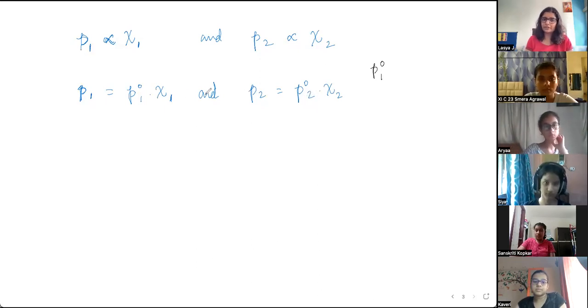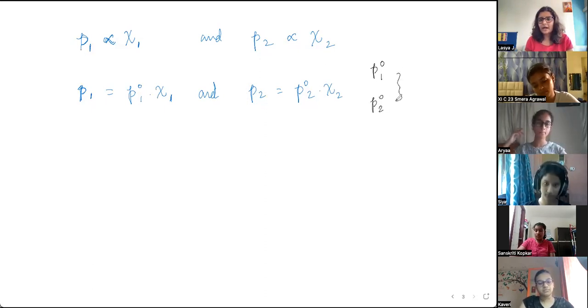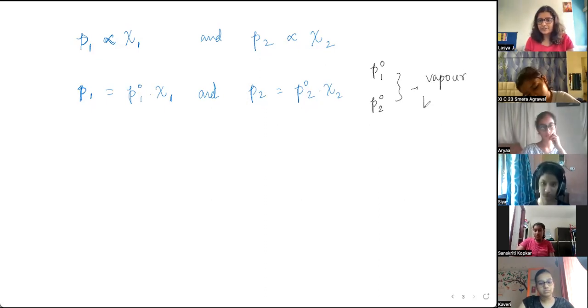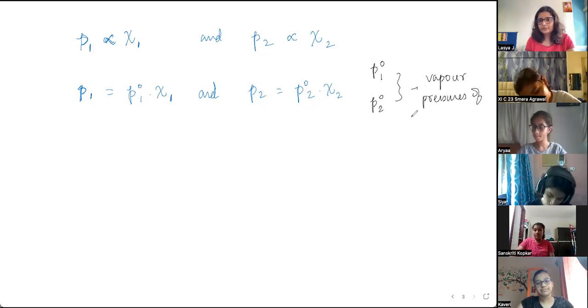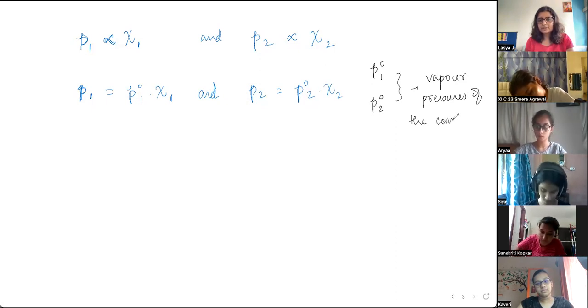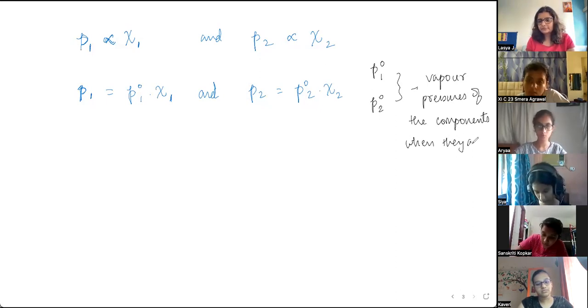So P01 and P02 are the vapor pressures of the components when they are pure, when they are not mixed with anything else.